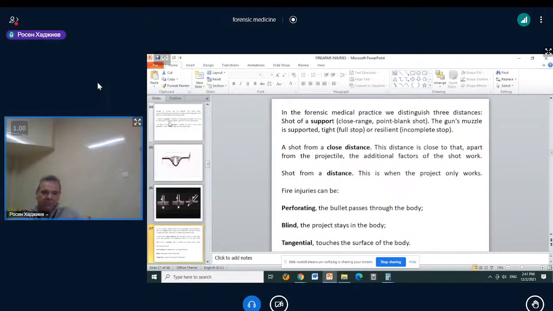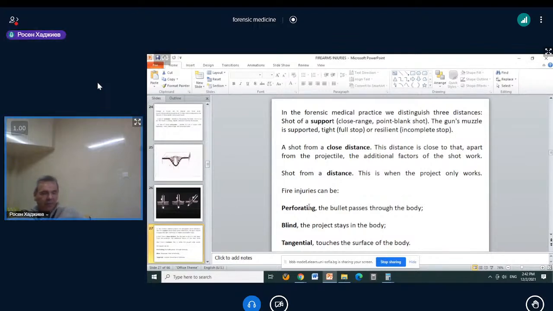Do you understand? The first type is close contact, when there is a close contact between the muzzle and skin. Close distance, when we have action of the bullet and additional factors. And a shot from a long distance, in which we have only action of the bullet, no additional factors.